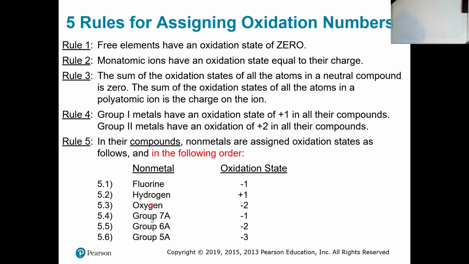Within rule 5, you'll see a whole bunch of elements just listed. Like the oxidation state of fluorine is usually -1. Hydrogen is usually +1. Notice how they mimic their charges. But if the rule for hydrogen ever conflicted with the rule for oxygen, you'd have to follow hydrogen's rule first because hydrogen comes first on the list.